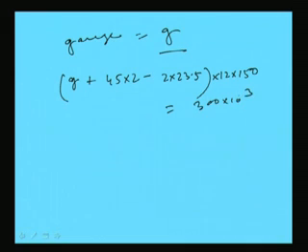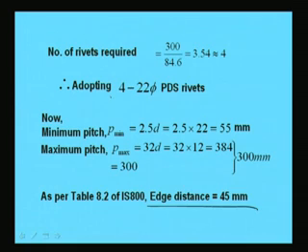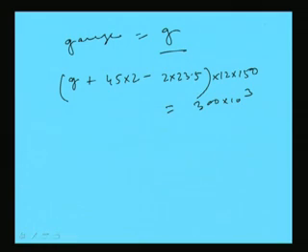What is this? Because we have seen the total number of rivets is 4, that means 2 rivets in each line. To find out the plate width, we have to know what is the total width.